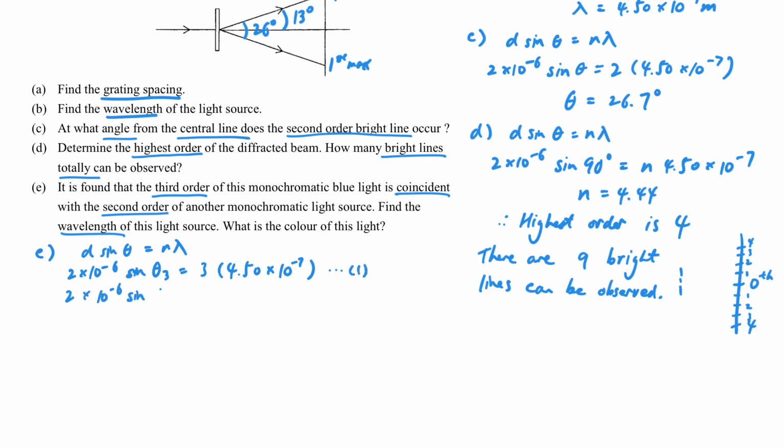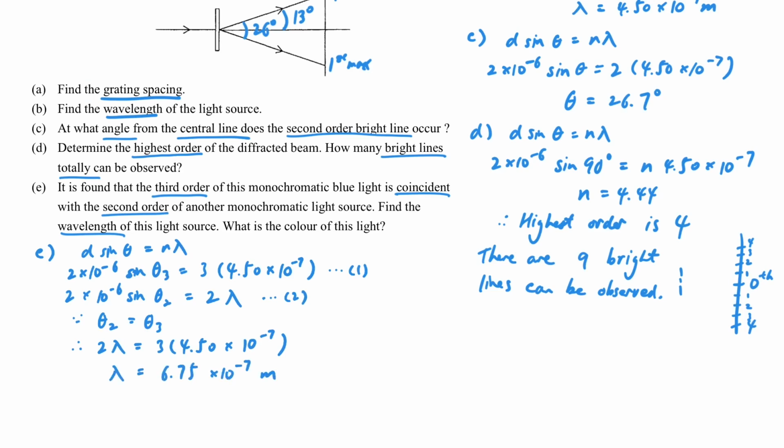For the new light source, it is the second order, so we use theta 2, n is 2, and the wavelength is unknown because it's another light source. What we know is that this theta 2 is equal to our original theta 3. By solving these two equations, we can get the new lambda.